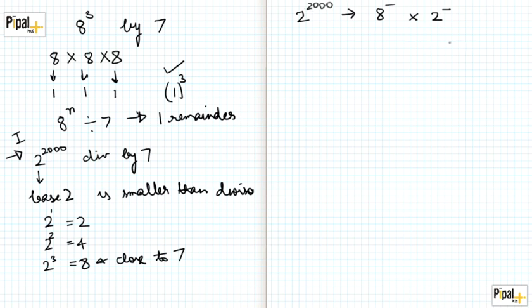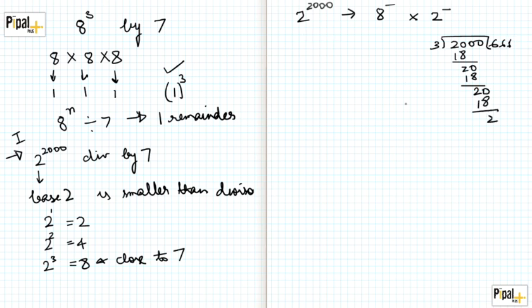So I'll just quickly check what 2000 is in the form of a multiple of 3. When I divide this by 3, I get 6, 6, 6 and the remainder 2.